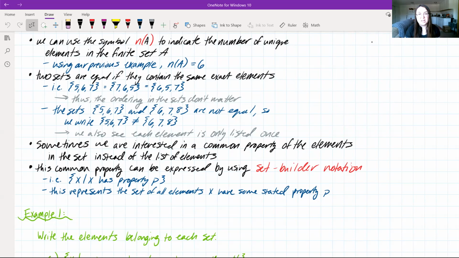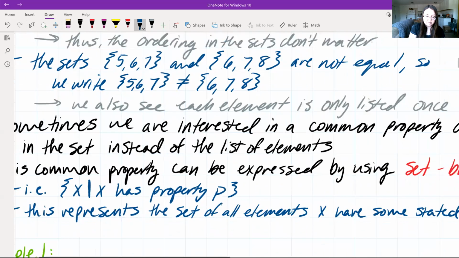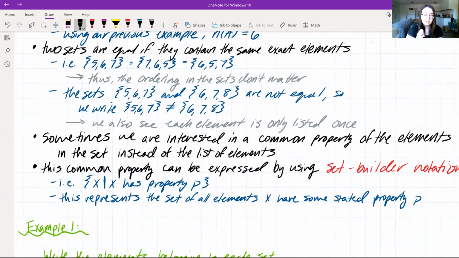So our set builder notation is, within curly brackets, we have x, and then a straight vertical line. Mine's a little curved there, but it should just be a straight line. We have x, and then x has a property p.